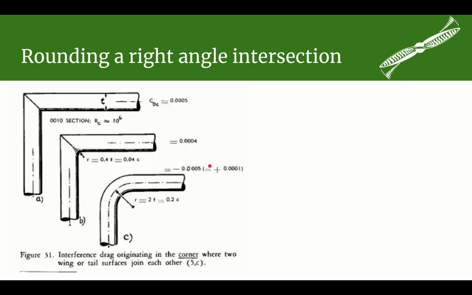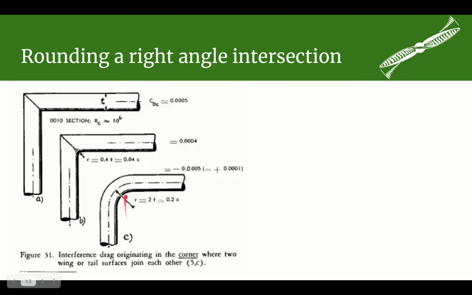Now they have a couple different results that they came up with. They actually said in this case the interference drag is completely gone, and we actually are just a little bit better at minus 0.0005 or plus 0.001. It kind of depends on a few things, but you can essentially eliminate interference drag by putting a big radius here in your intersection.